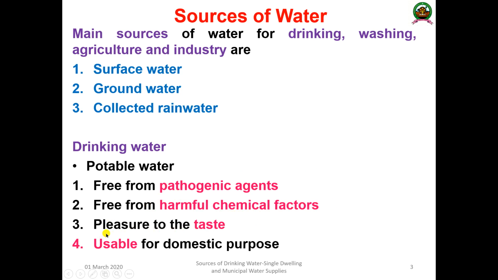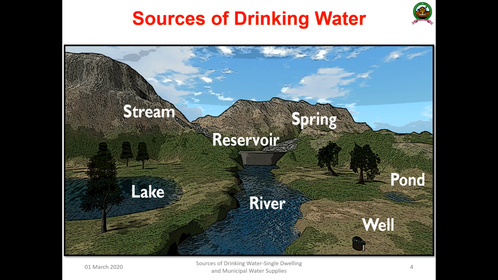It should be free from all contaminants, should have a pleasant taste, and should be usable for domestic purposes. So these are the major salient features expected from potable water.